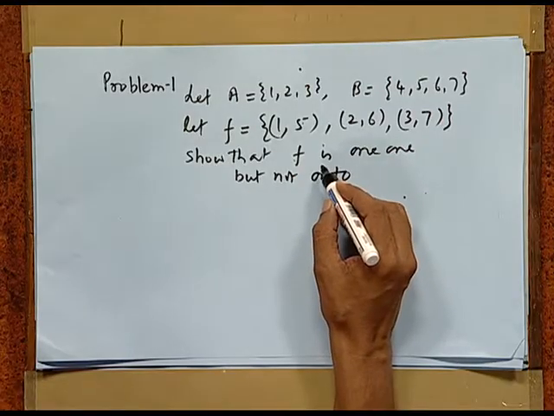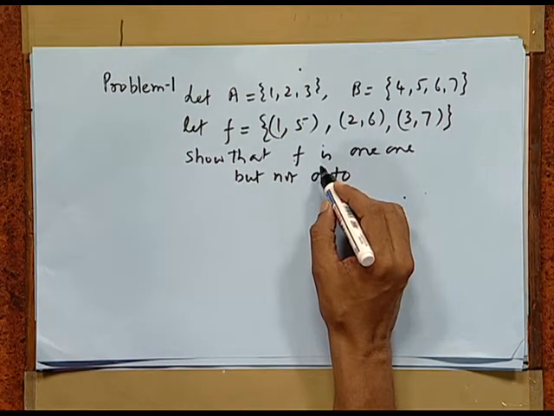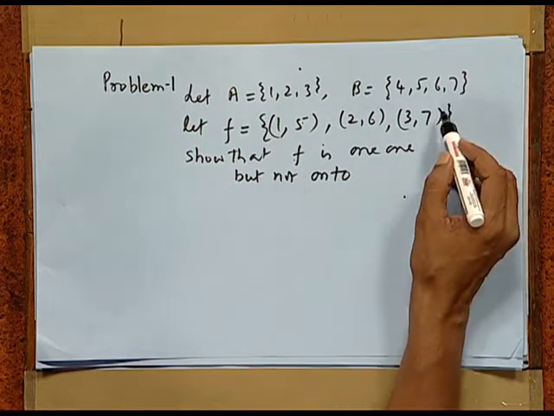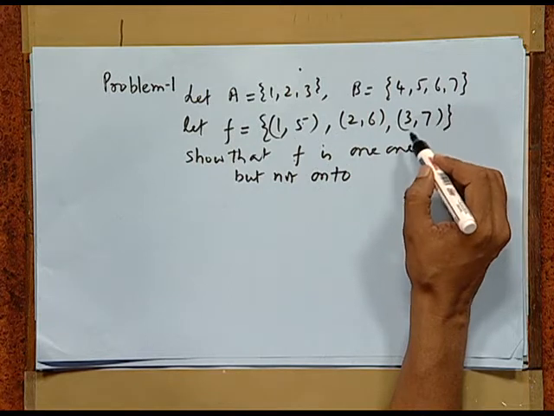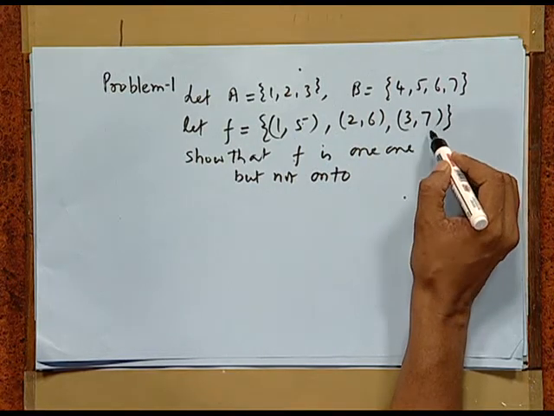Given that A is the set {1, 2, 3}, B is the set {4, 5, 6, 7}, F is given to be {(1, 5), (2, 6), (3, 7)}, we have to show that F is one-one, but not onto. Now, in this problem, the function is given using ordered pairs.